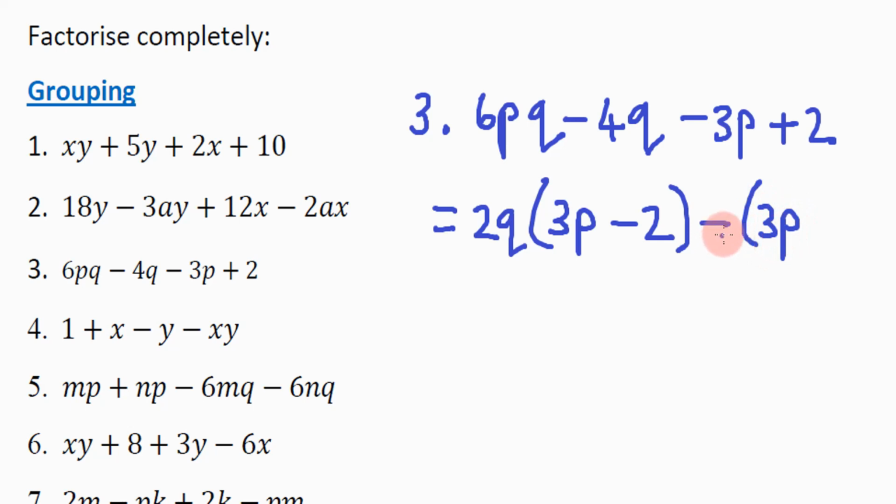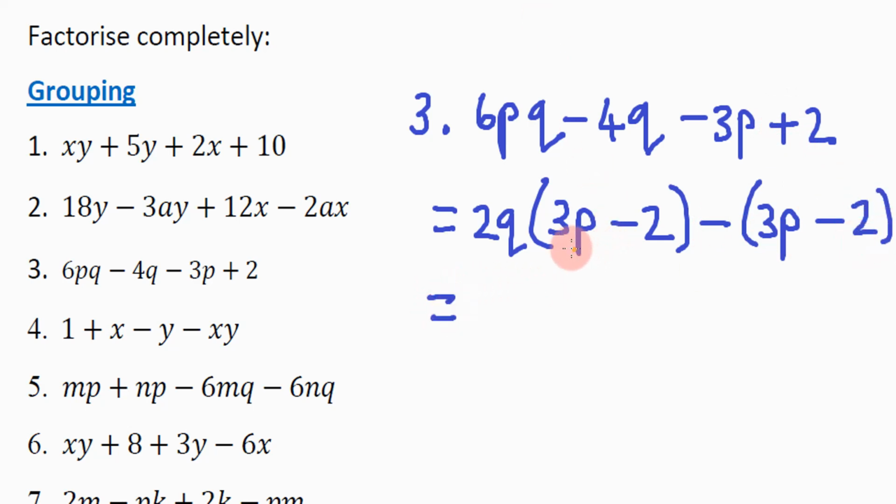What's very important: a minus times a minus will give us a plus. So when we open the second set of brackets and we have a minus in front of it, the sign here will always change. And of course we still have the 2 left.